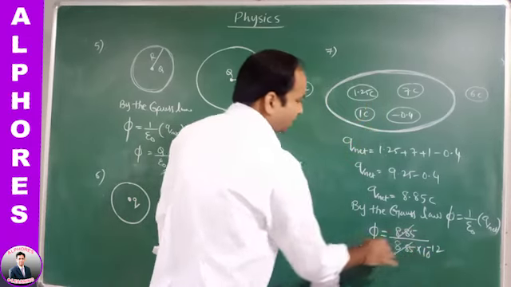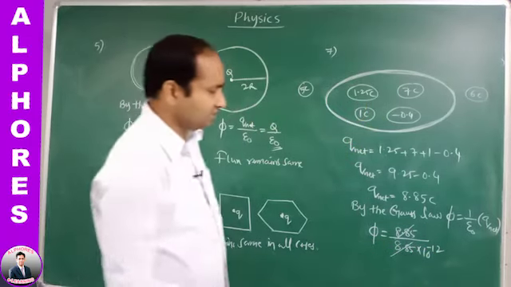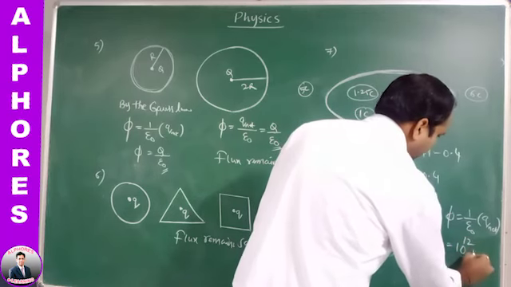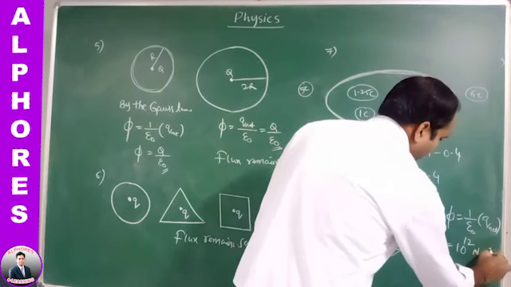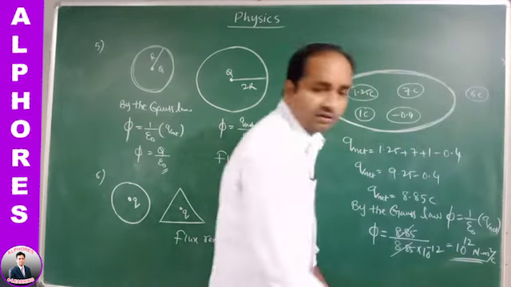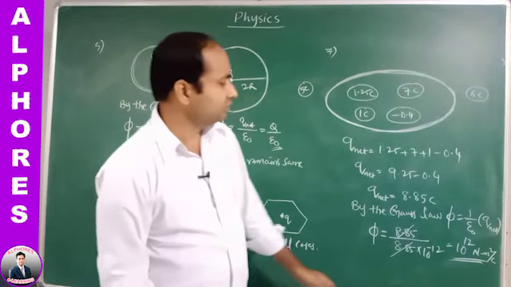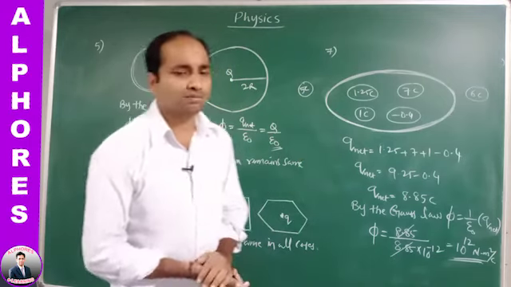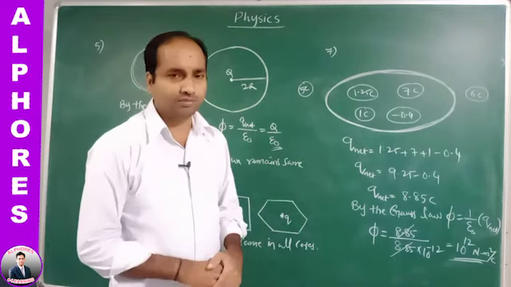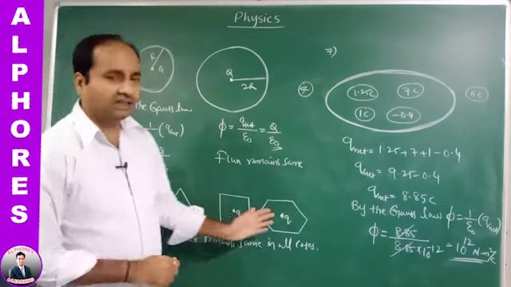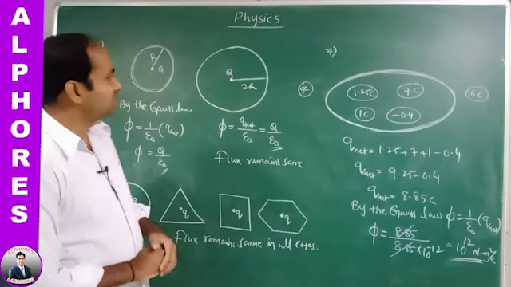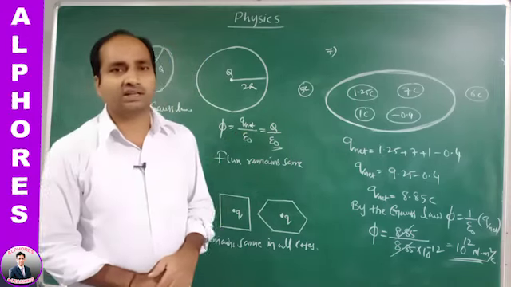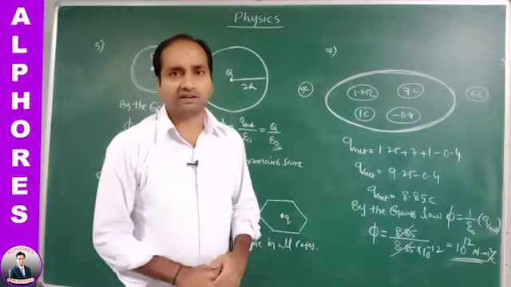Now 8.85 gets cancelled. The flux here is 10 to the power of 12 newton meter square per coulomb, or weber. So like this, different charges may be asked. This is one of the examples, and the flux is independent of the enclosing surface. Okay, so these are problems regarding the electric flux and intensity of electric field.